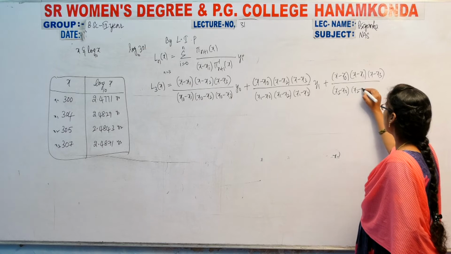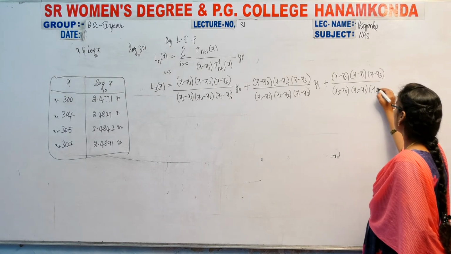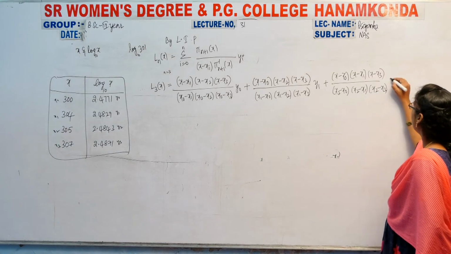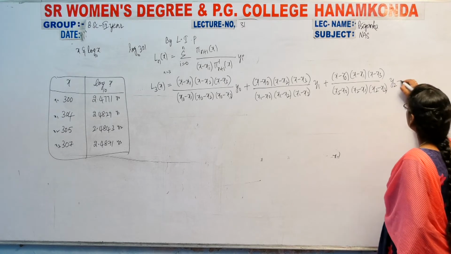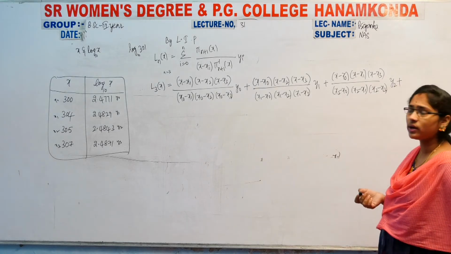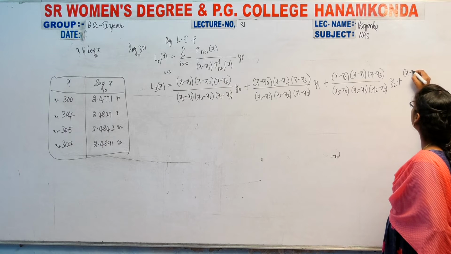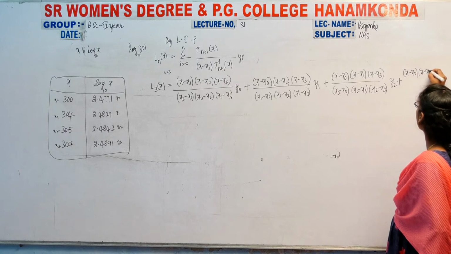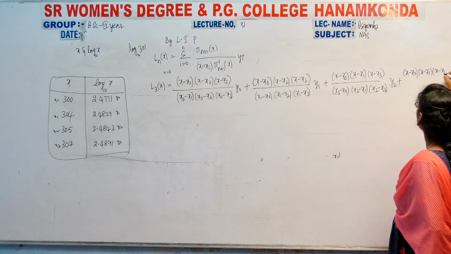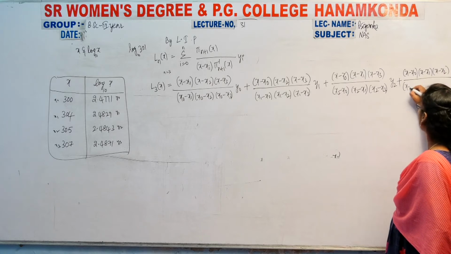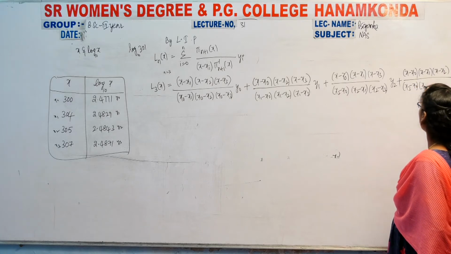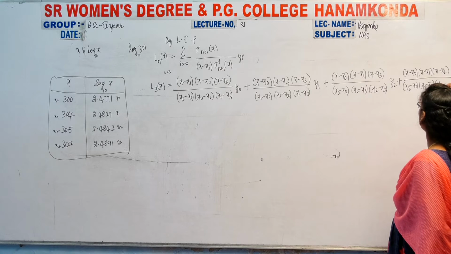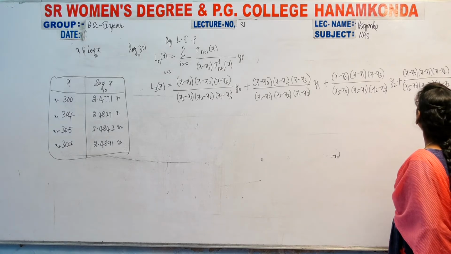This is an easy way to remember the values, into y2 plus, lastly we have to ignore x3, x minus x0 into y3.